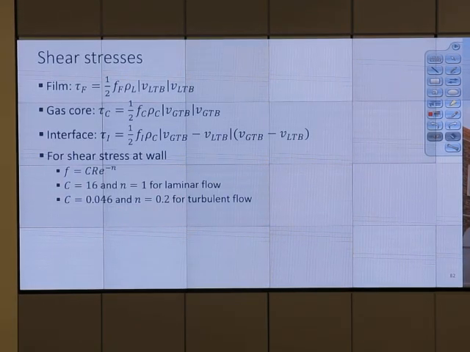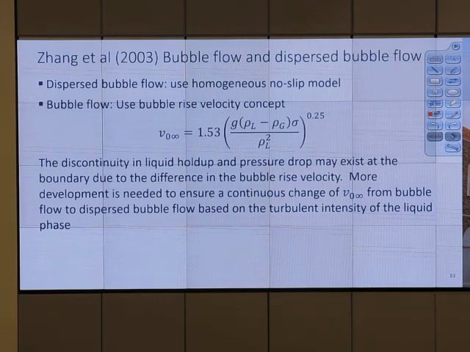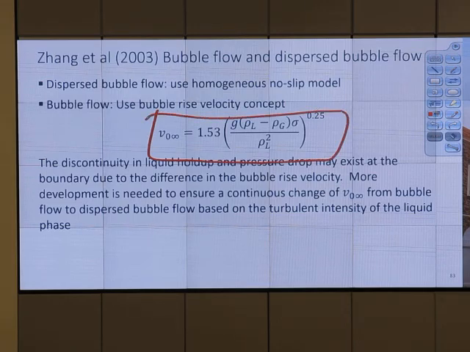So for the film, they use the same trick that we used earlier: f rho absolute V multiplied by V, core velocity absolute V multiplied by V. In the friction factor, delta V multiplied by absolute of delta V multiplied by delta V. Same trick, everything is the same. And for bubble flow, this is the slip velocity.